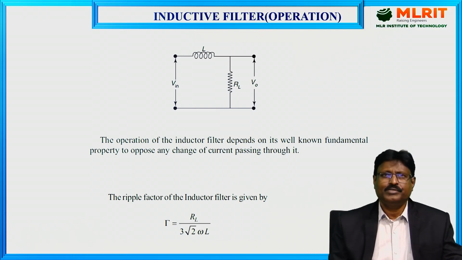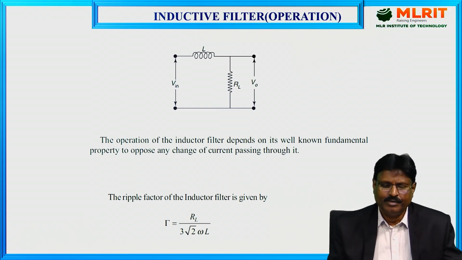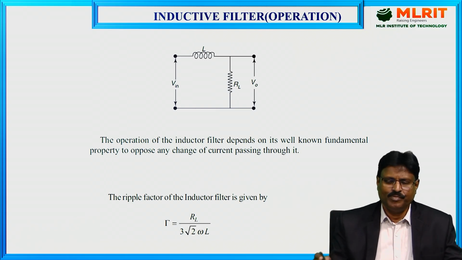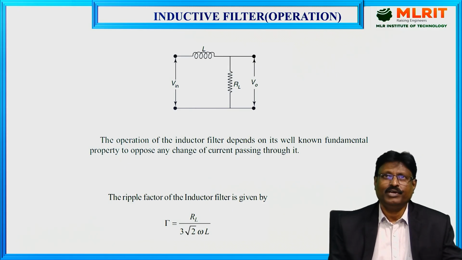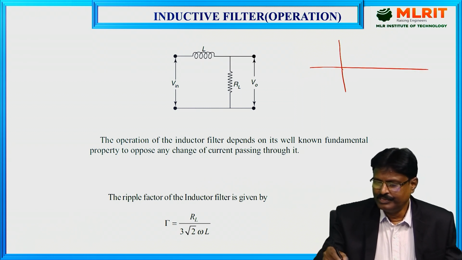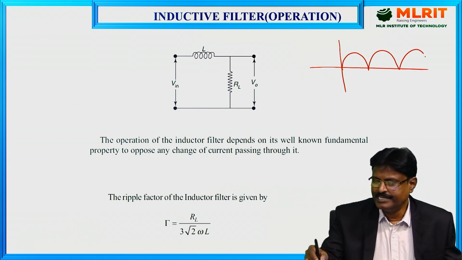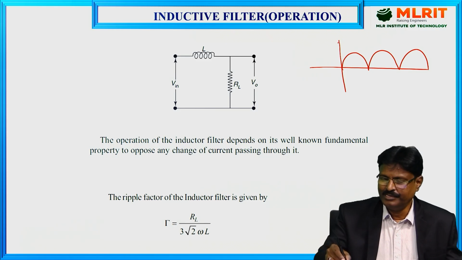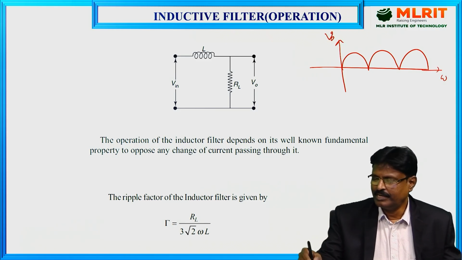First of all, let me introduce the action of a filter. Why do you go for a filter? If you observe the full wave rectifier output, it will be like this. It is a pulsating DC. This is output voltage with respect to time.